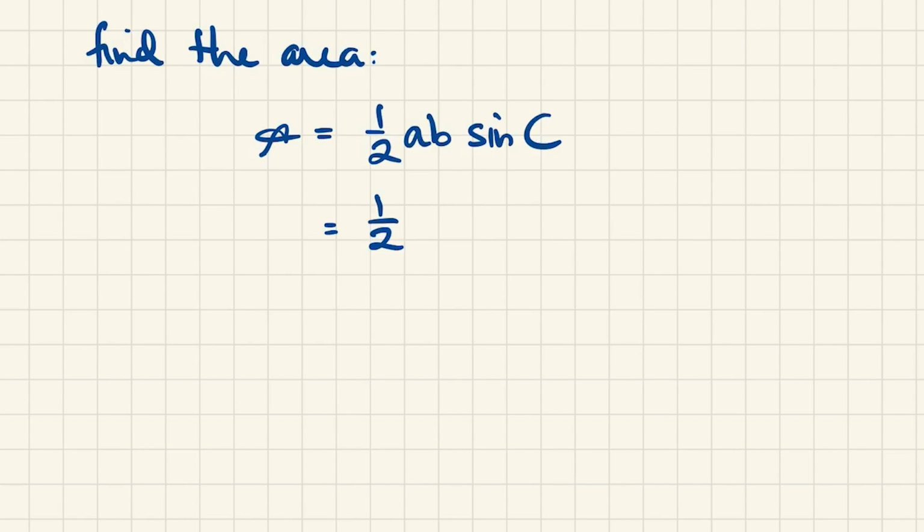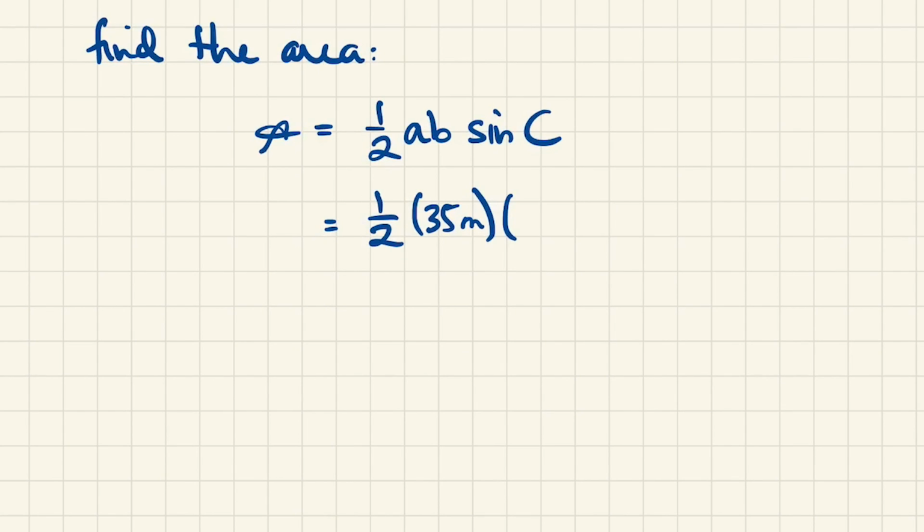All right, so little a was 35, little b was 32, and capital C we calculated to be 102.143 degrees.